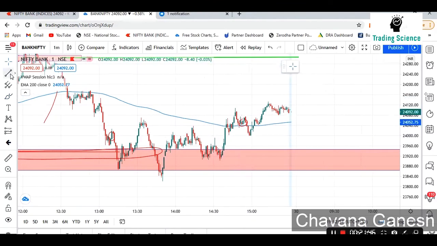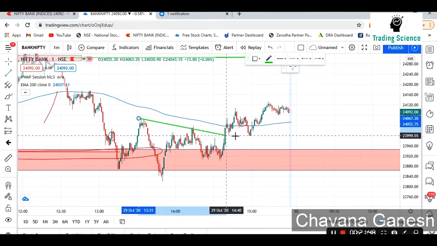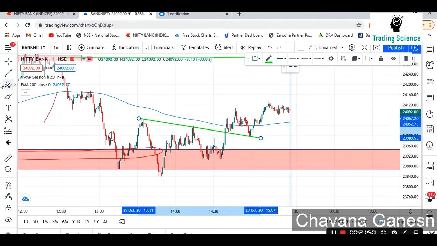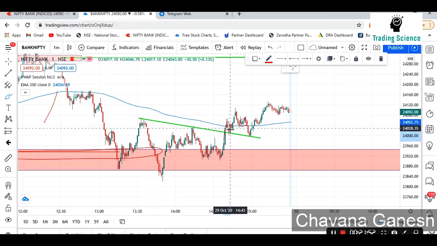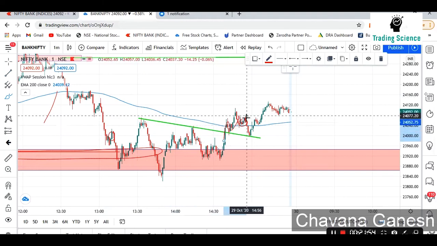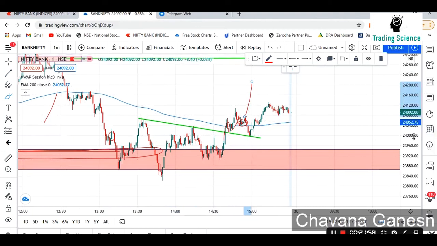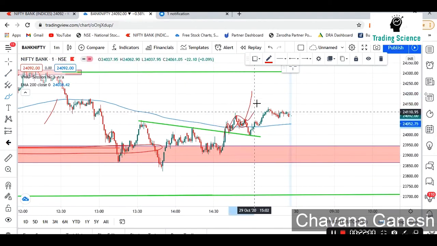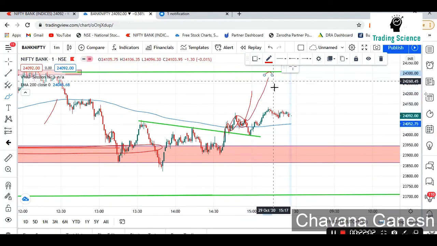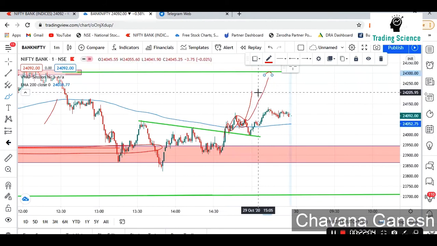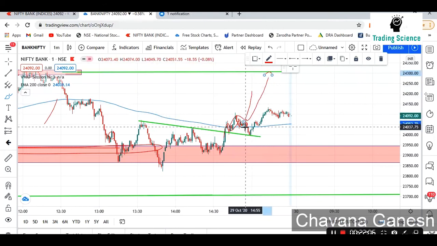Because I can see there is a breakout over here, and after the break there is a retracement from here. I thought this is going to be bullish, trendy after this. Definitely it is going to reach these levels, so that I will be in losses. That's why I exited all my positions.